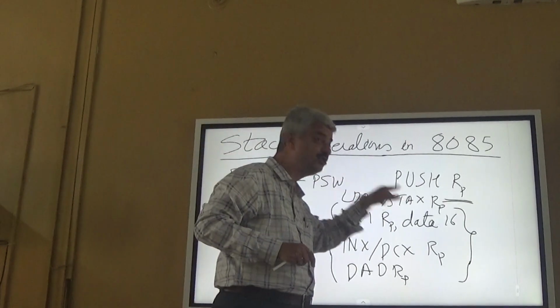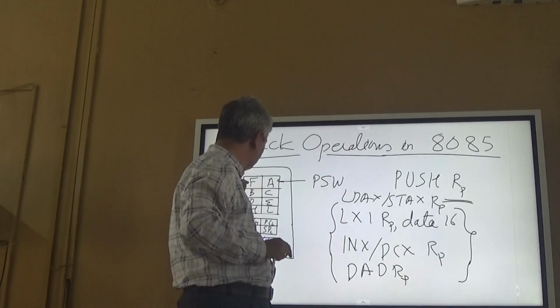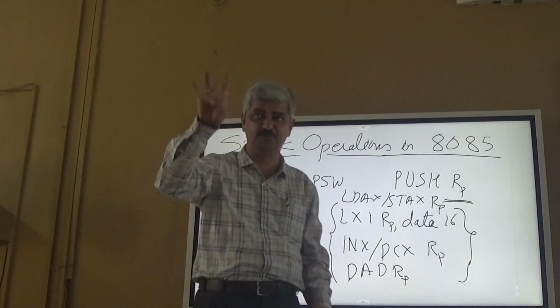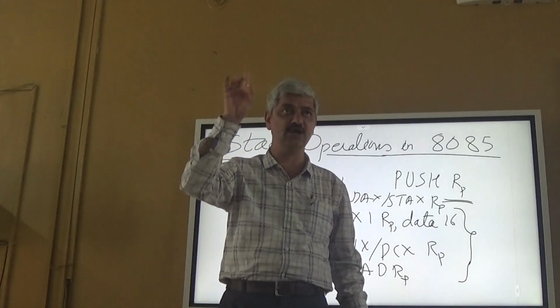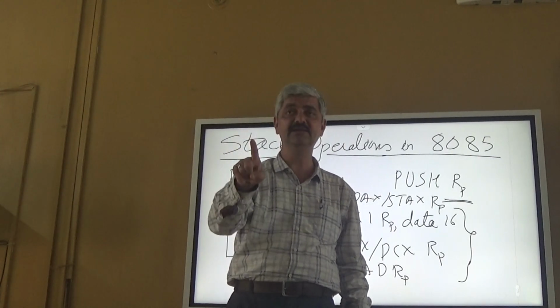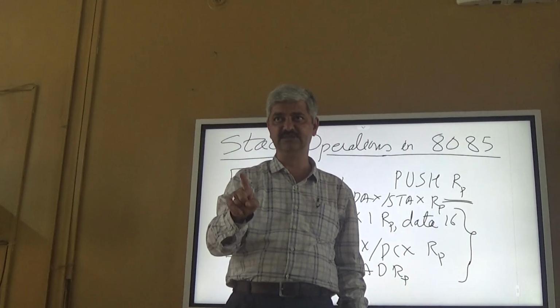Whereas for PUSH RP, for push register pair, BC is allowed, DE is allowed, H is allowed, but not SP, but PSW. So there are 4 push instructions: push PSW, push B, push D, push H. Is it right?